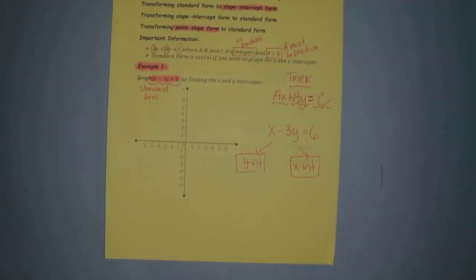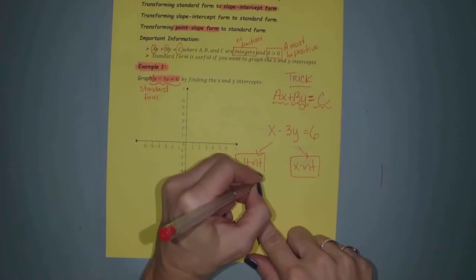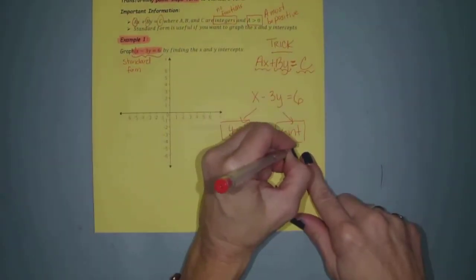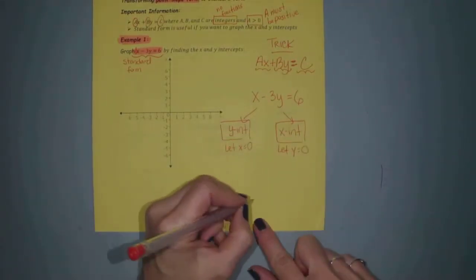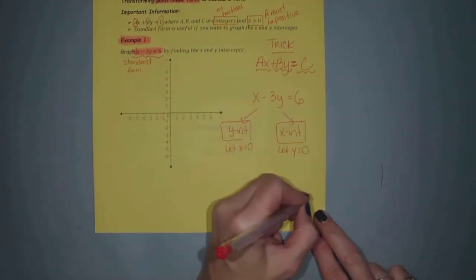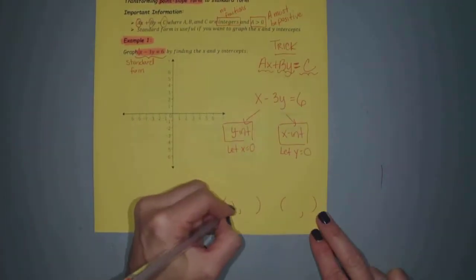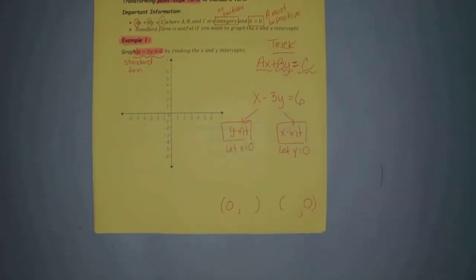To find the Y intercept, we simply let X be 0. And to find the X intercept, we simply let Y be 0. And then we solve. So if x is 0, this will be 0, and here if y is 0, this will be 0. Now we just have to do the math in between.